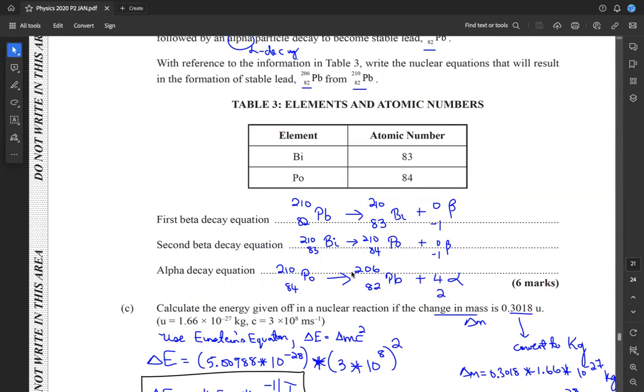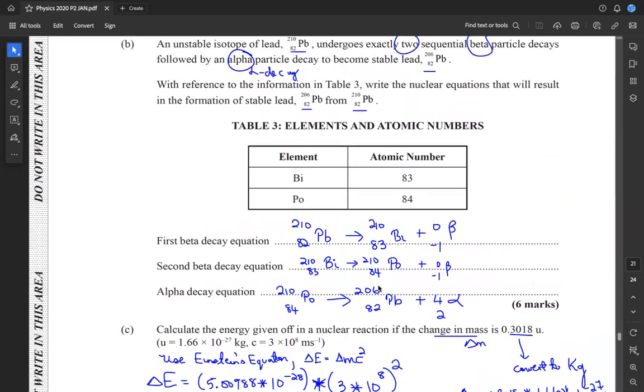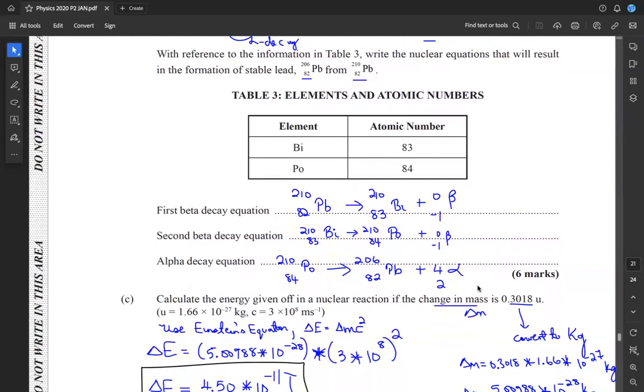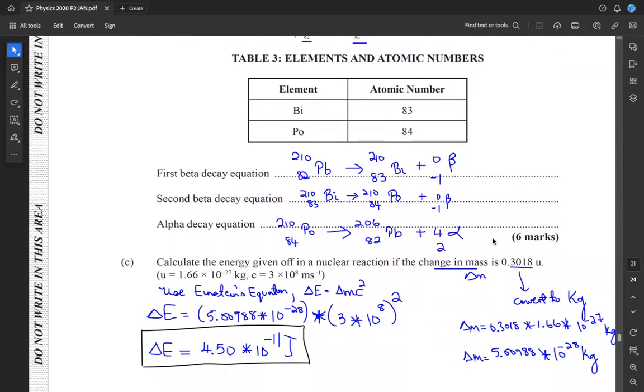So we go from 210 to 206, we go from 84 to 82, and this is our stable lead, right? That's what the question told us, that the stable lead is the one that has the mass number 206 and the atomic number 82. And so this is all that we need to show for 6 marks, okay? So we're good with our 6 marks here.